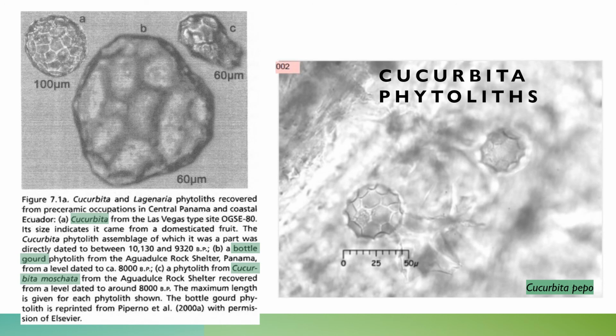Other genera of the tribe that Cucurbita belongs to, the Cucurbiteae, such as Lagenaria, also contribute types of scalloped phytoliths, but these are distinctive from those of Cucurbita, as you can see in the left picture, in B.